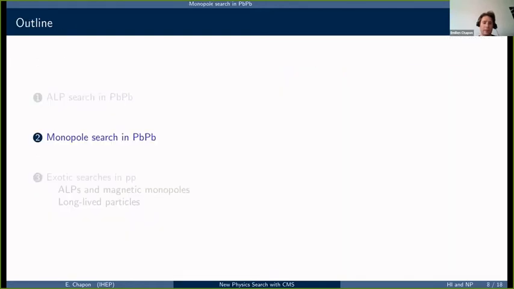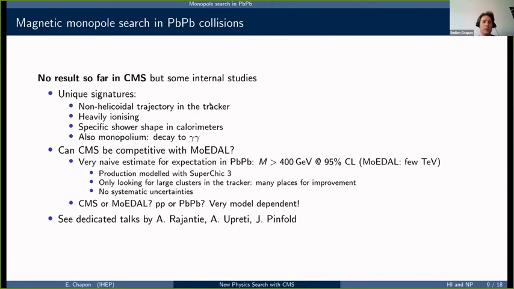Okay, that's it on ALPs. Let me move to magnetic monopoles. As I mentioned in the beginning, we don't have a result yet in CMS, but still I thought I would discuss it quickly. There will be some talks more specifically on this, and I'm not really an expert, but such a signal would correspond to unique signatures experimentally.